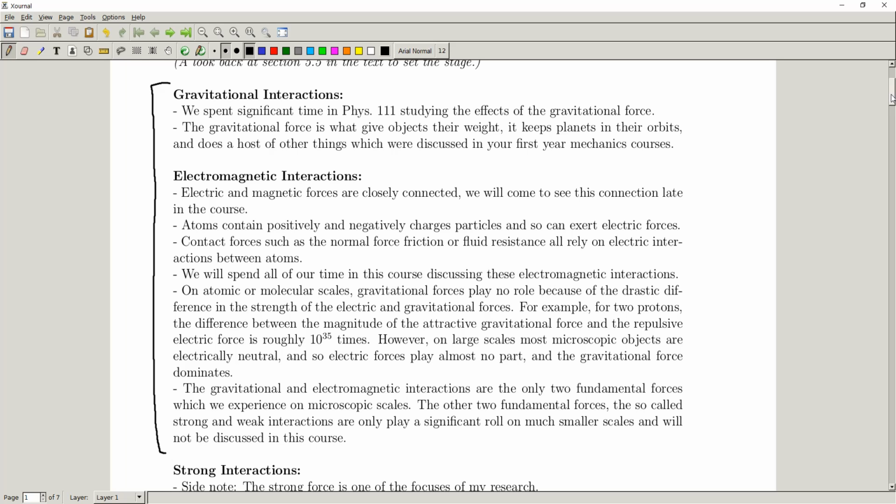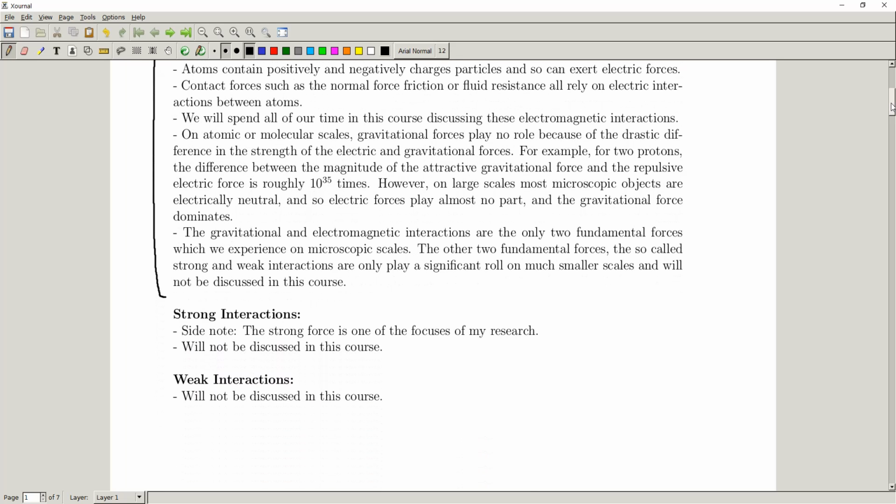The remaining two forces, the strong and weak forces or interactions, are not things that we experience in the macroscopic world. These forces only really play dominant roles at subatomic levels, and so they're not something that we're familiar with in the macroscopic world, and they're not things that we're going to be talking about in this course. You'd have to go on to further courses in physics to delve into these topics.